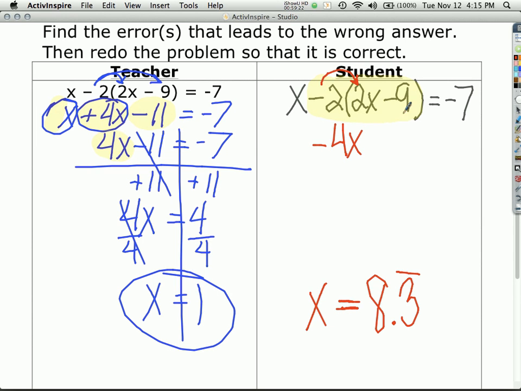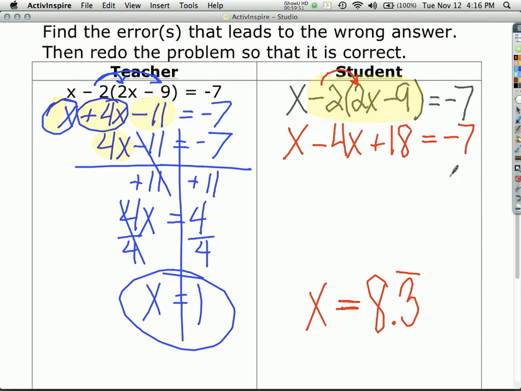But negative 2 times negative 9, what was I supposed to write right here, Catalina? Plus 18. Okay. And now the x comes down, and then the negative 7 comes down. That was the correct first step. So the biggest mistake that I saw students making is putting negative 18 instead of positive 18. But that wasn't the only mistake.